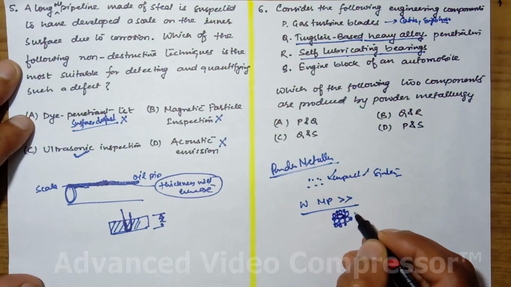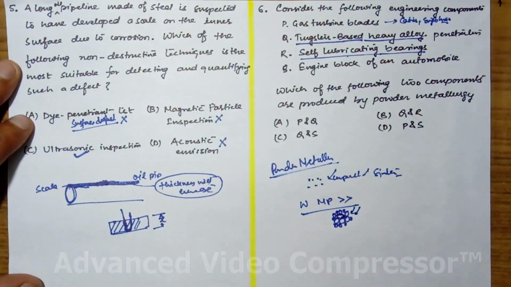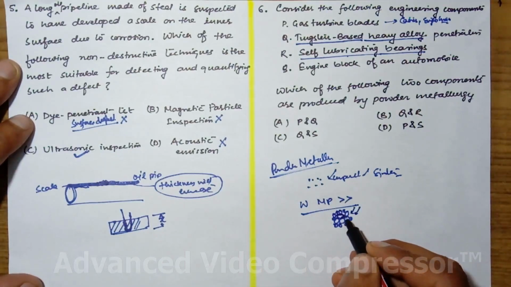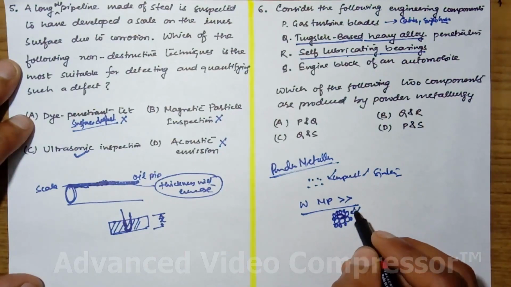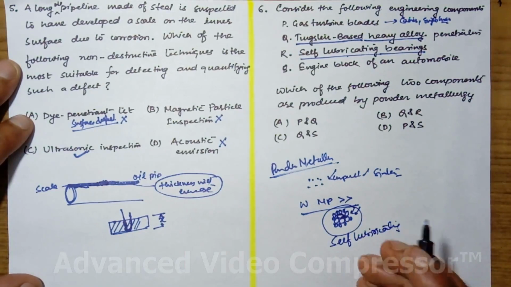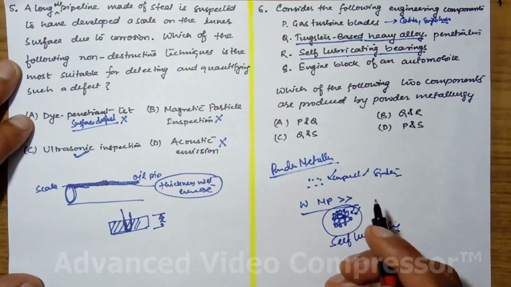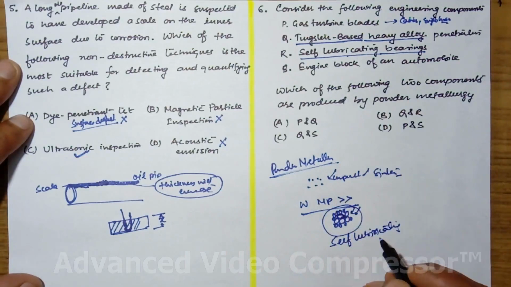When high temperature is reached due to friction, the lower melting material, suppose copper, will try to melt and it will provide lubrication. That's why this is called self lubricating, meaning there is no external need of oil. So self lubricating bearings are produced through this method.